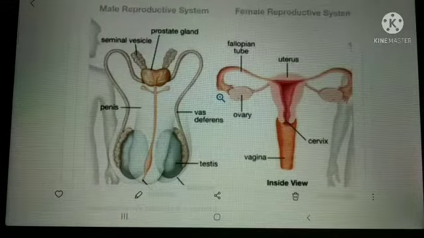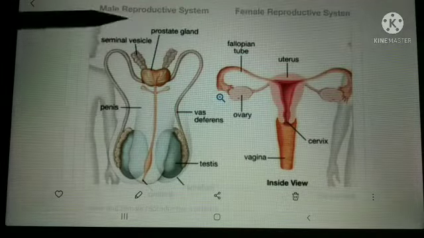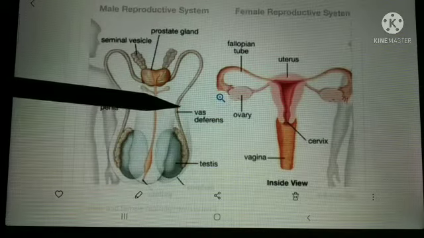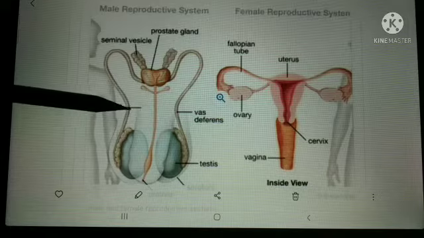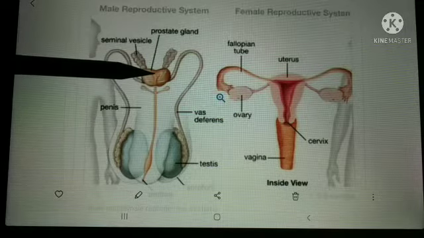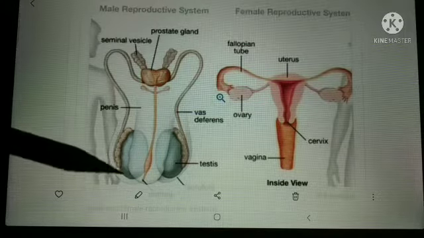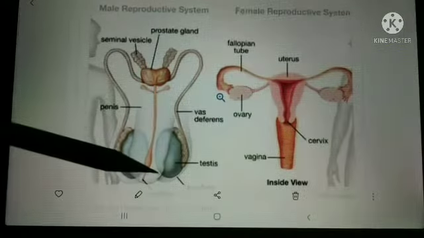Let me explain in short about the male reproductive system. The male reproductive system has a pair of testes, a pair of vas deferens, prostate gland, seminal vesicles. So one by one let us discuss in brief.